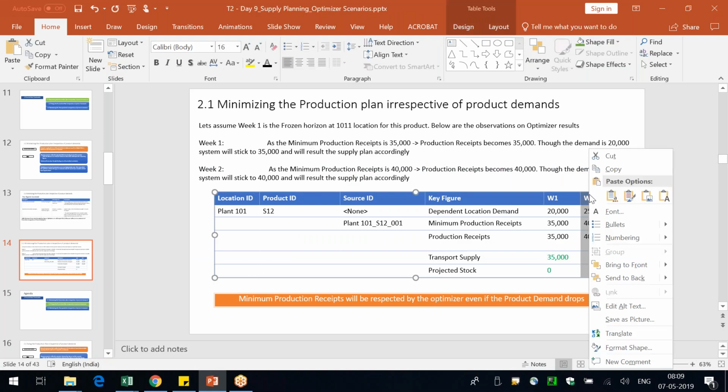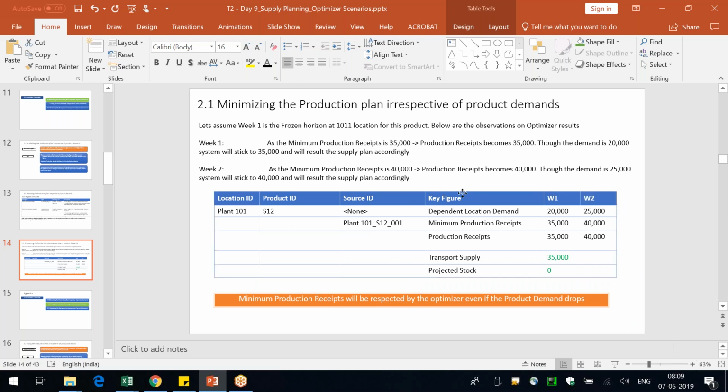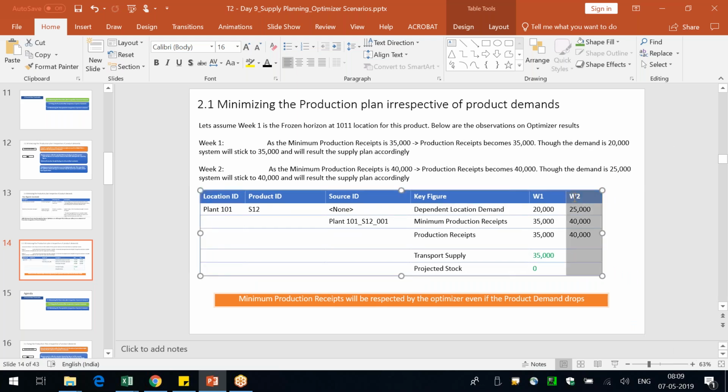On week 3 the demand again is 25,000. Now I'll say the minimum production receipts is 65,000. Now what will the system do? Will it do the entire production of 65,000?